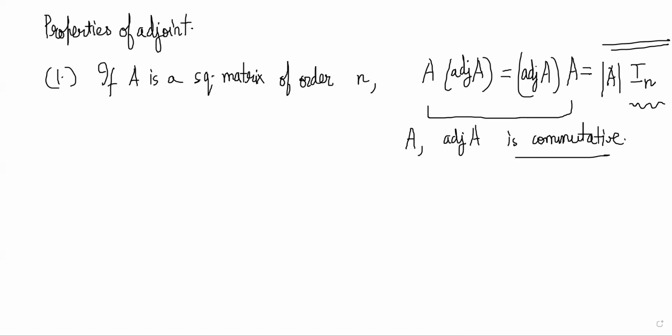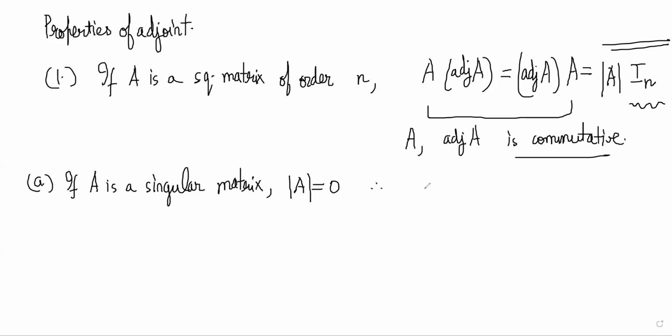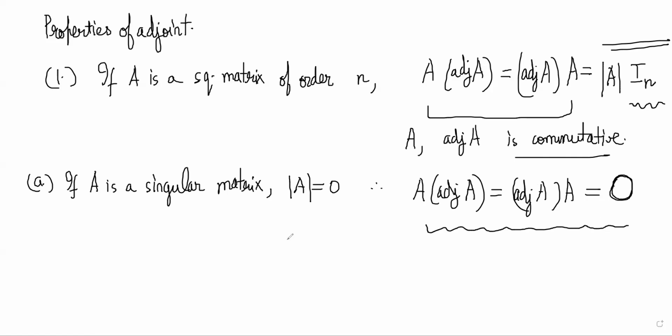So first of all, if A is a singular matrix, we know that singular matrix means that det of A is 0. Therefore, A times adjoint A is equal to adjoint A times A is equal to the 0 matrix. So in that case, you are getting this result.